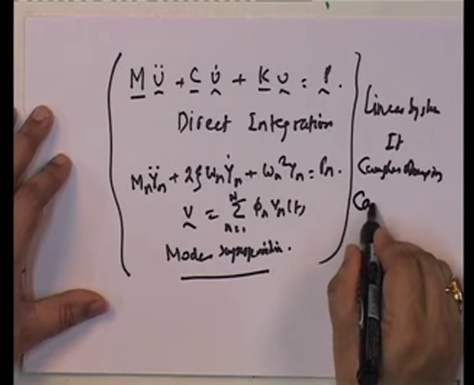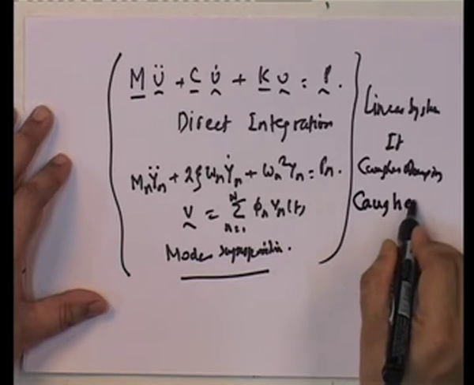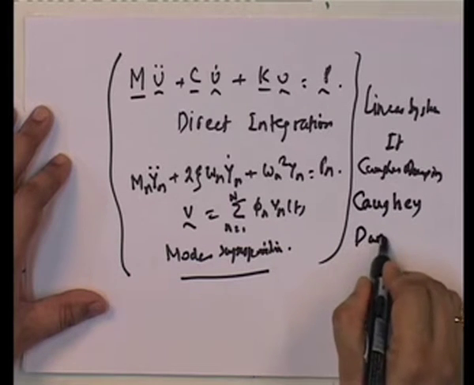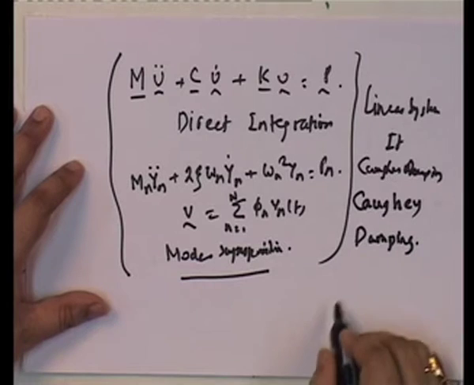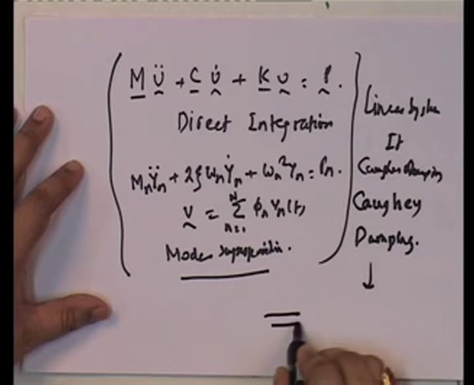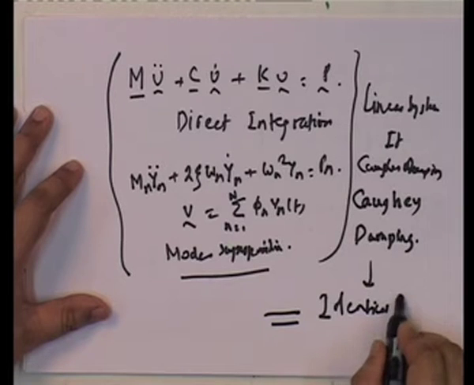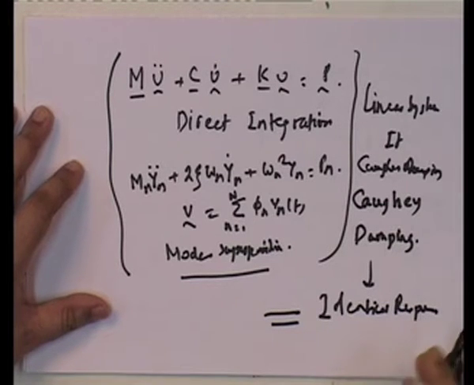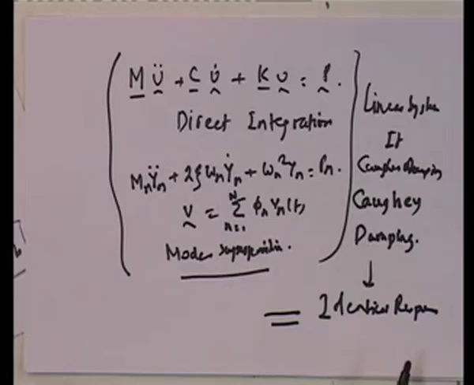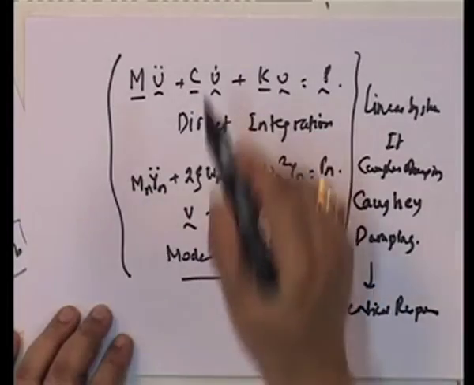Let me just write it down again. Cauchy damping, identical response. Okay? If you use mass proportional, stiffness proportional, or Rayleigh damping, you are not going to get the same result between the two.